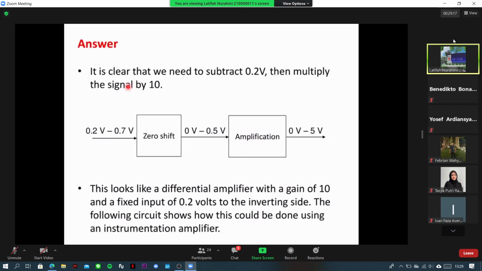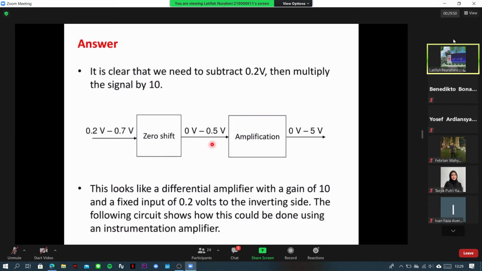Right, so it is clear that we need to subtract 0.2, then multiply the signal by 10. From 0.2 to 0.7, the difference is 0.5. So we can shift 0.2 into 0, and we can also shift 0.7 into 0.5.